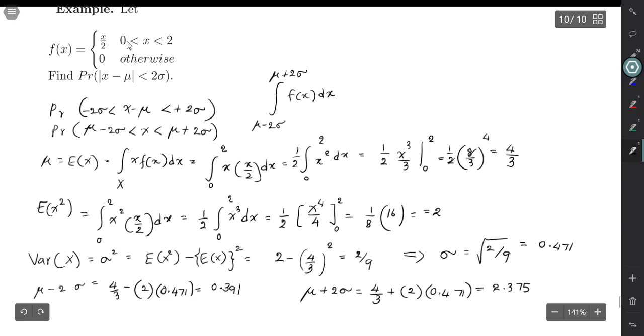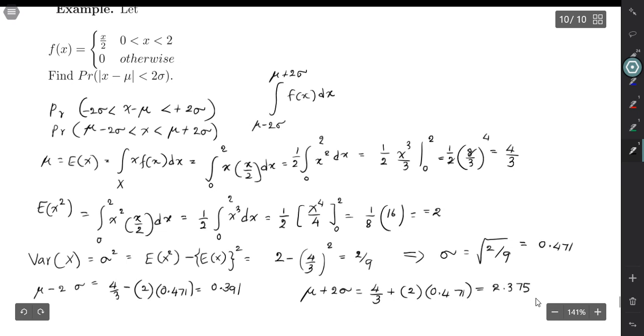The support of x is from 0 to 2. So the lower limit 0.391 is within this interval, but 2.375 is outside. So when you do the integration, you do not go up to 2.375, because after 2 the function is 0 otherwise, so you only integrate up to 2.